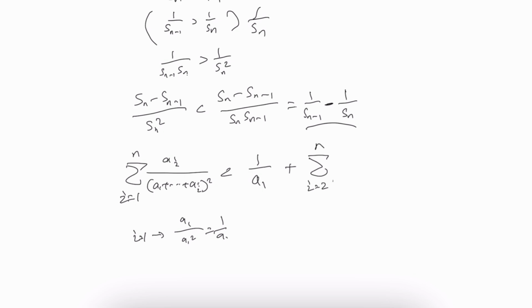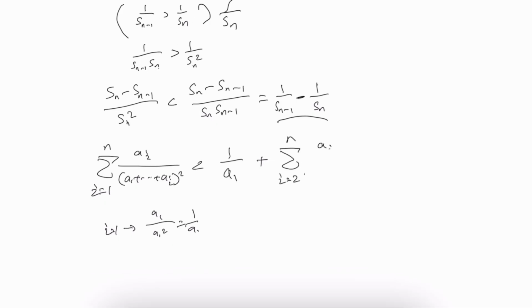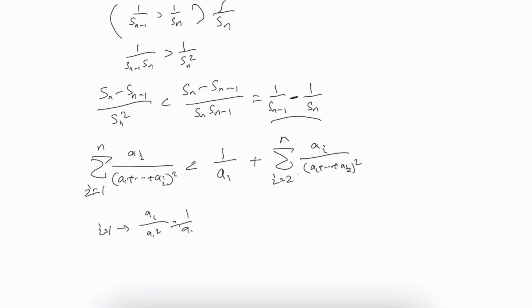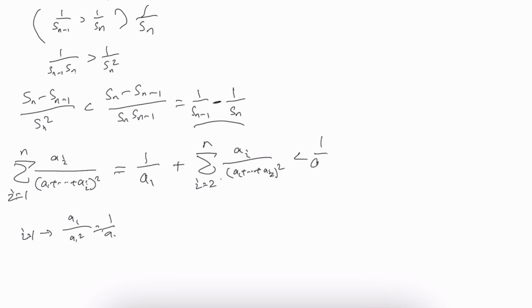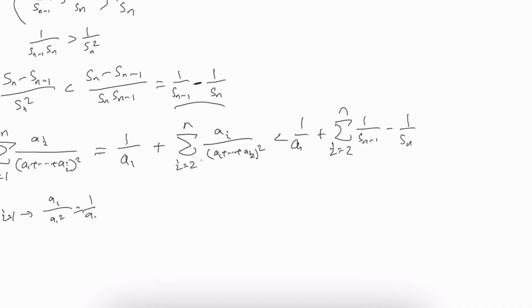From i equal to 2 to n of a sub i over a sub 1 added all the way to a sub i squared, this will be less than 1 over a sub 1 plus the sum from i equal to 2 to n of 1 over s sub n minus 1 minus 1 over s sub n. And now this indeed telescopes, right?